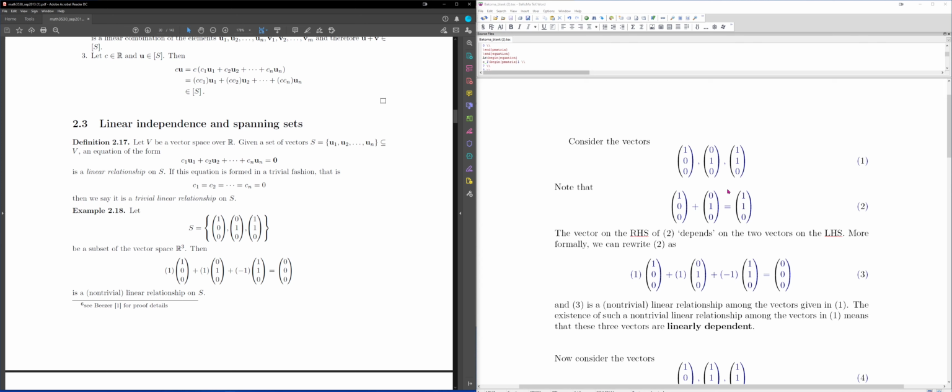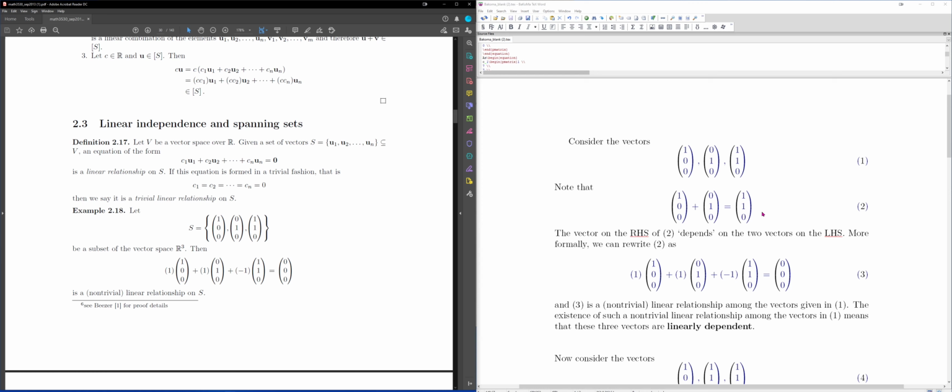When I move it across, I introduce a minus sign. You could formalize all of this by additive inverse, but this is just like basic algebra: when you move something from the right hand side to the left hand side, you introduce a negative sign in front of it.